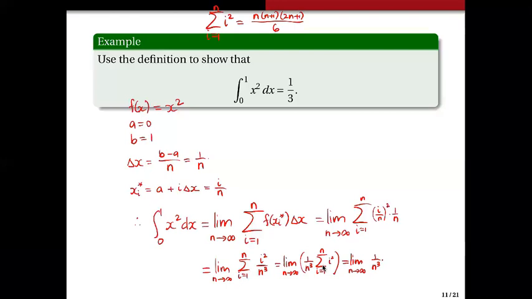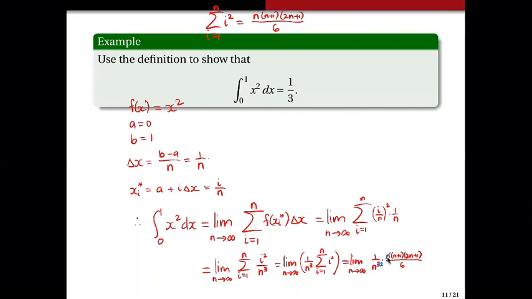So we put that in: n times n plus 1 times 2n plus 1 divided by 6. Then you get the limit. Here's a technique that I will show you. Of course, you can cancel one of the n's in here with the n in here, so you will be left with n squared.